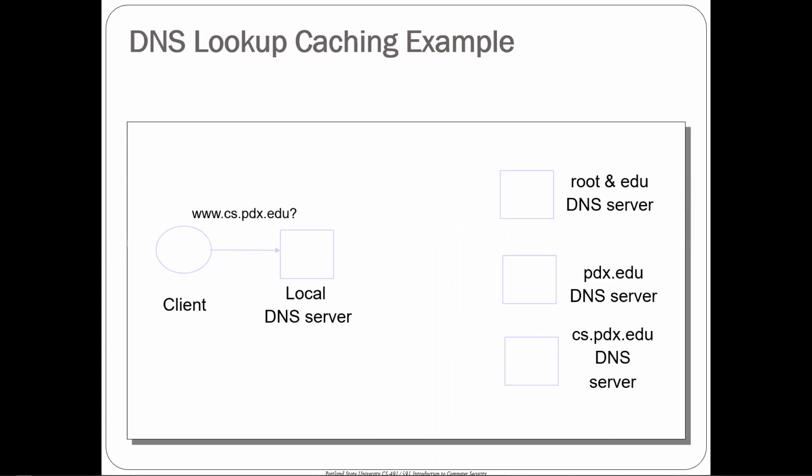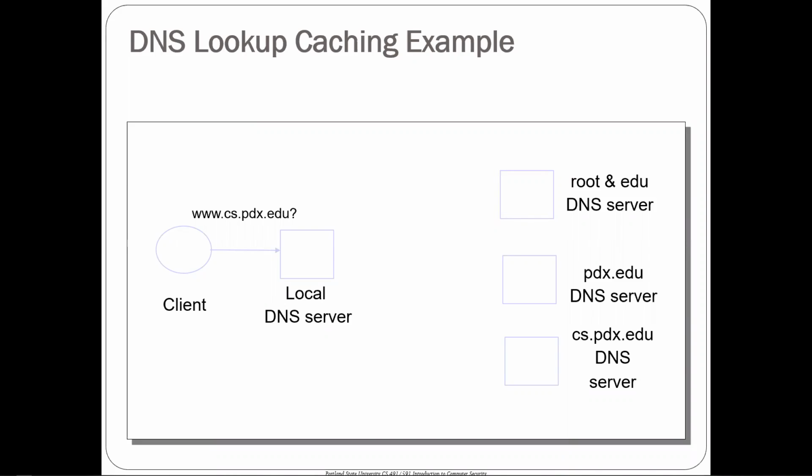So the DNS lookups are cached throughout the hierarchy. In this case, Portland State would like you to use their own local DNS server so that it can cache lookups, right? It can also see all the domains you're visiting, but say it wants to do this for performance rather than to monitor students' activity.